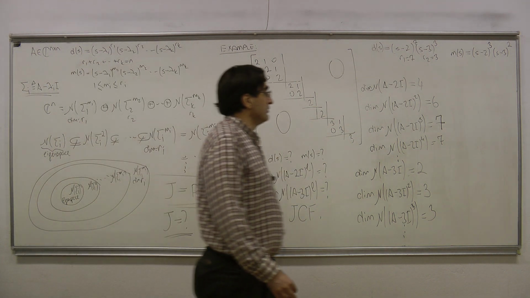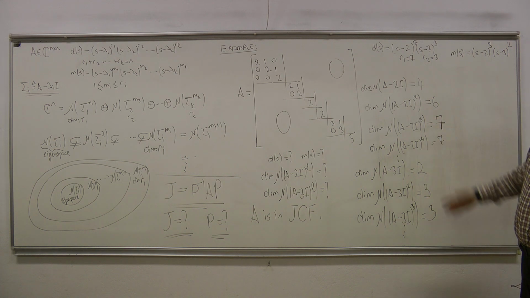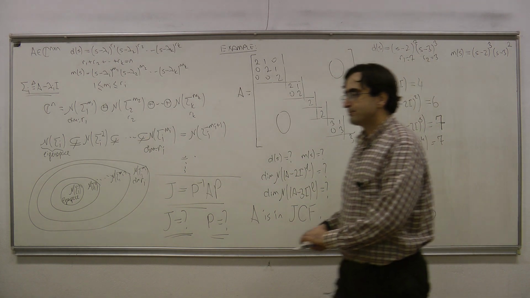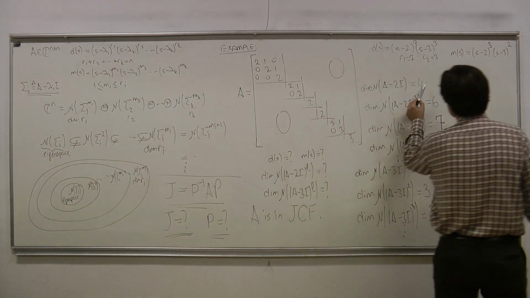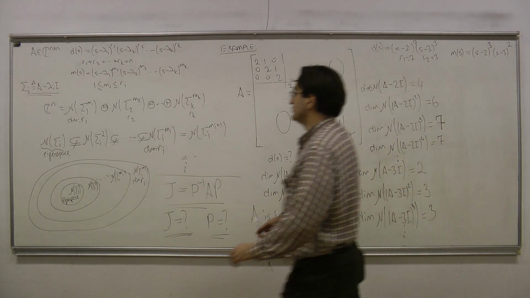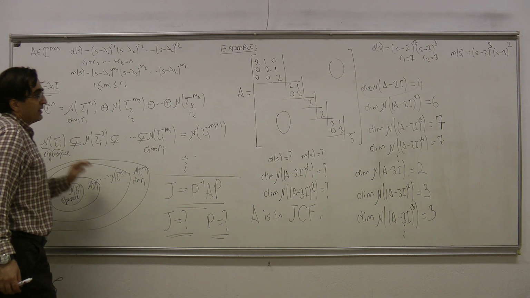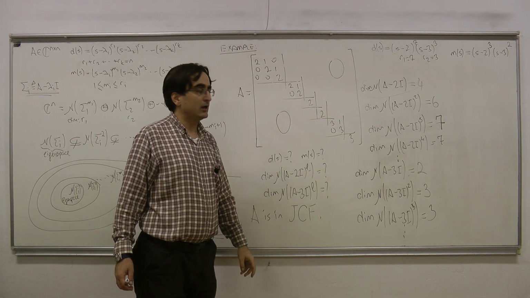So now we have obtained these important results, and now I'm going to try to summarize these. Okay? So here we see that, for example, the dimension of this first null space, the dimension of the eigenspace, actually gives us the number of Jordan blocks belonging to that eigenvalue.